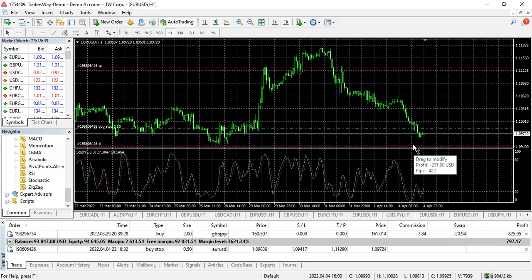If the trade goes against us, we are going to lose 211. And if the trade goes in our favor and ends up in profit, we are going to take a profit of 725.